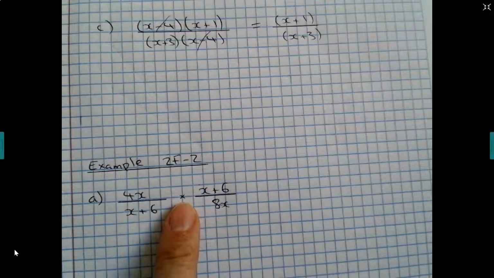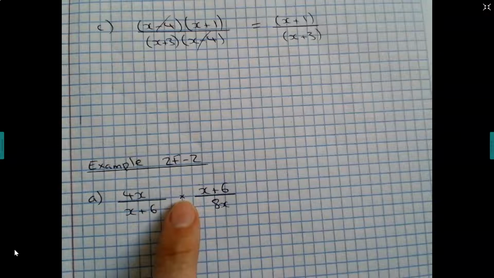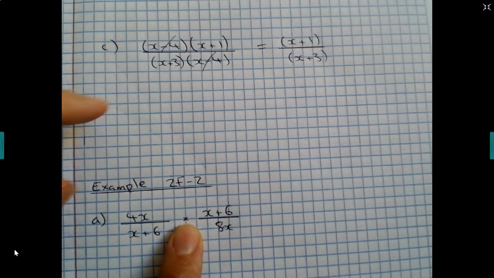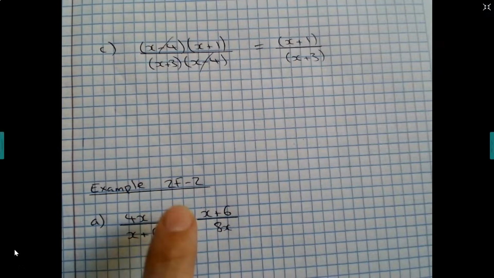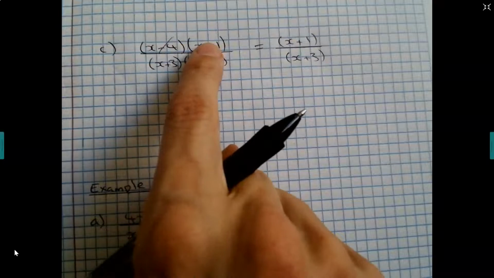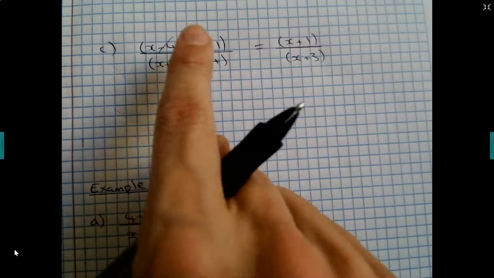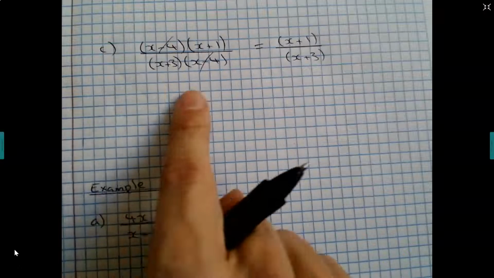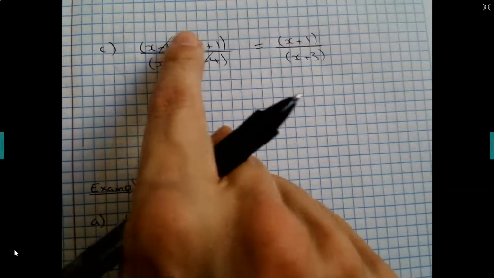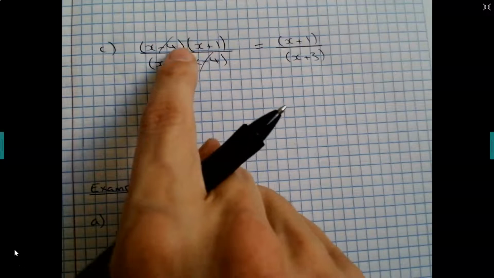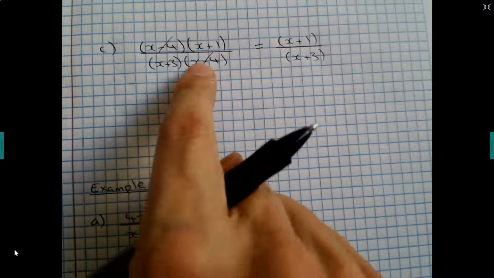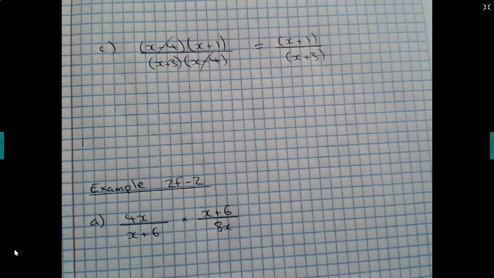We can only do this cancellation that I'm about to do when this is multiplication. The same as this question here. If there was a plus in between those two brackets, we could not do that cancellation. I can only do that cancellation because it's all multiplication and division. Right, it's that times that and that times that.